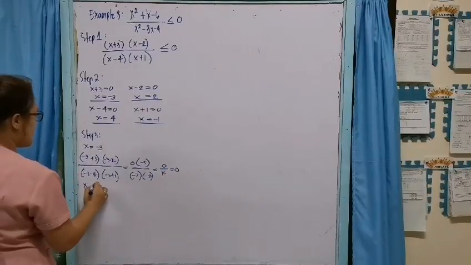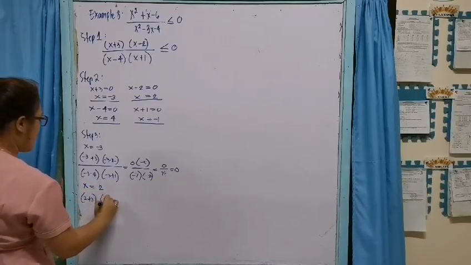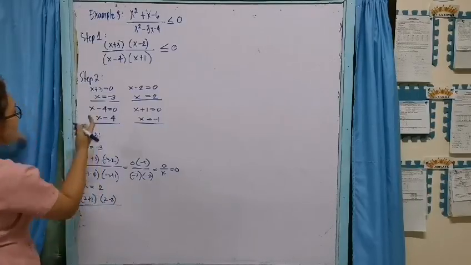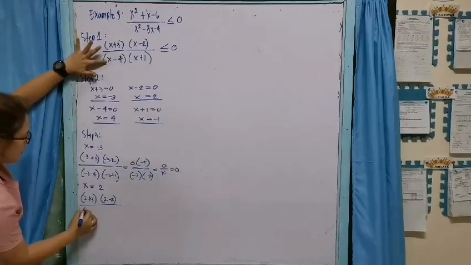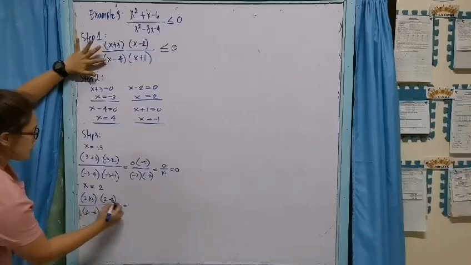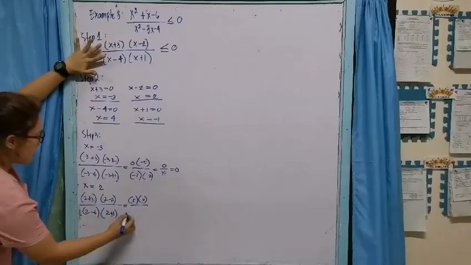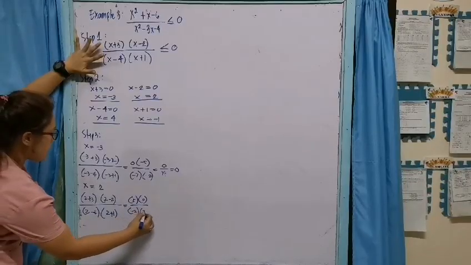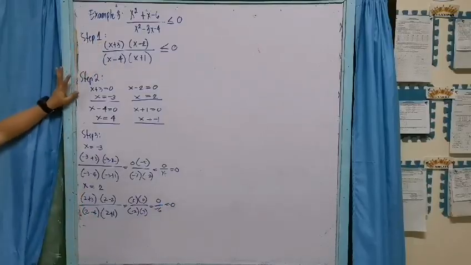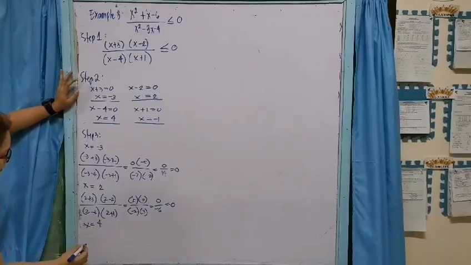Next, x is equal to 2. So 2 plus 3, 2 minus 2, over 2 minus 4, 2 plus 1. That is 5 times 0 over negative 2 times 3, so we have 0 over negative 6, or 0. Next, x is equal to 4.